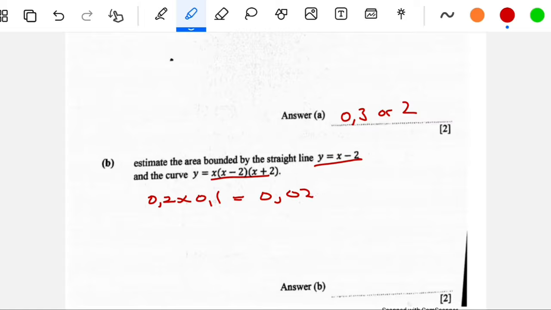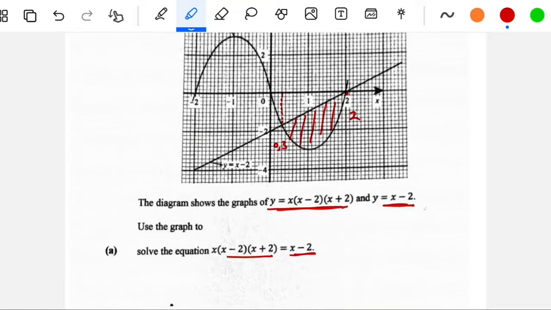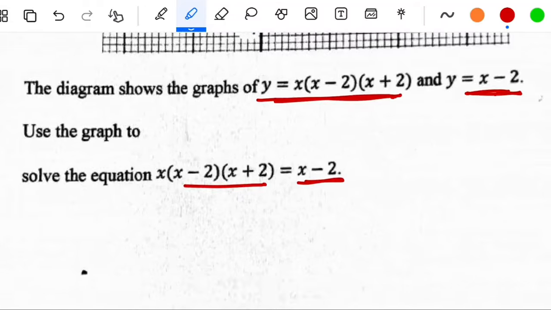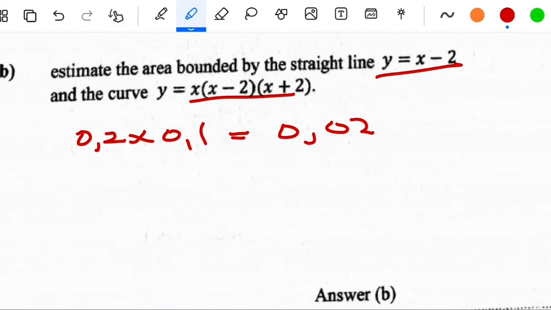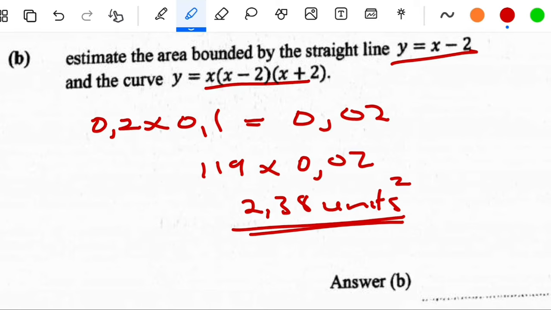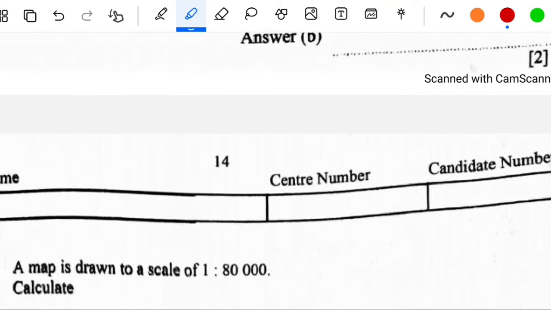Having that area, we can then count the number of those small squares here. When I was counting, I found that there are 1119. So times area of one box, which is 0.02, I'm going to get my answer as 238 units squared, because we are not told that it is centimeters or kilometers.